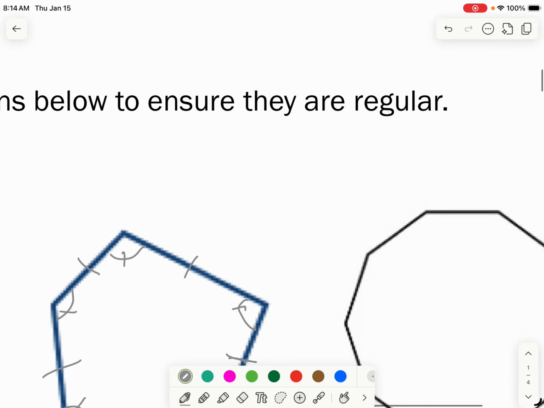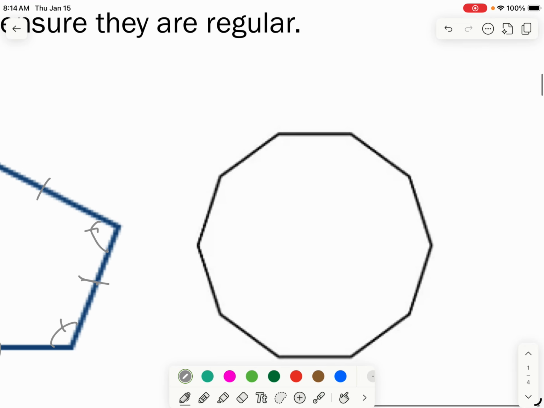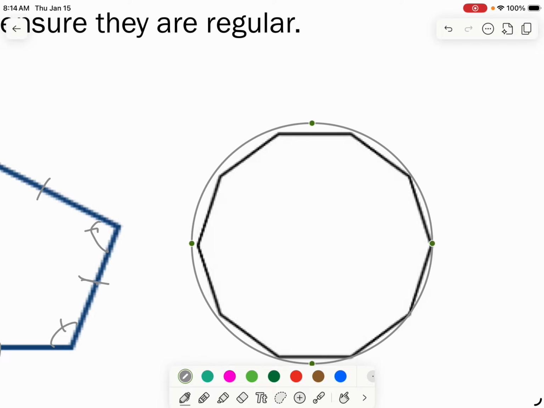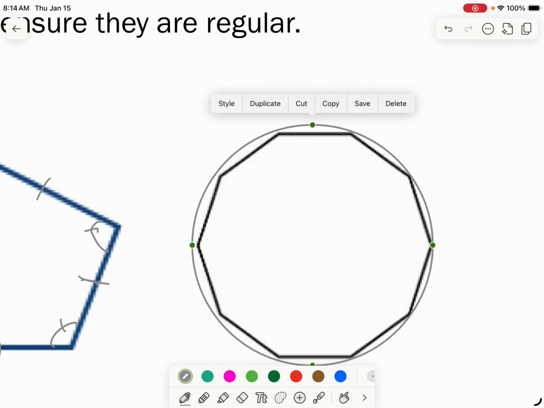It's even a little bit more circular. This one has, I believe, 10 sides, and it is looking very much like a circle. And that's one thing that's really cool about a regular polygon. As you increase the number of sides of a regular polygon, it begins to look more and more like a circle.